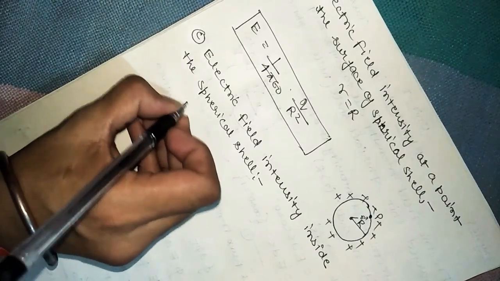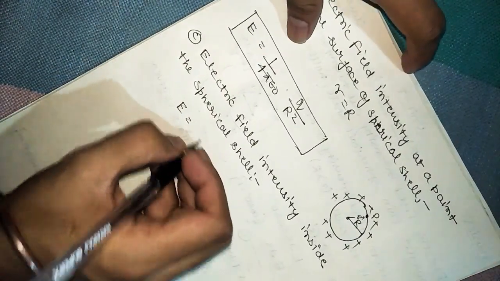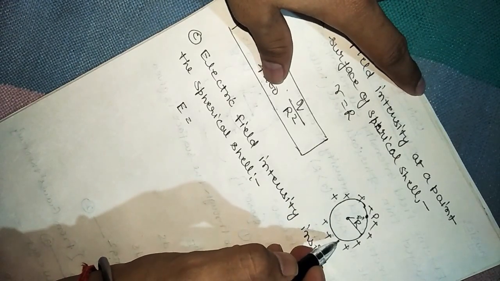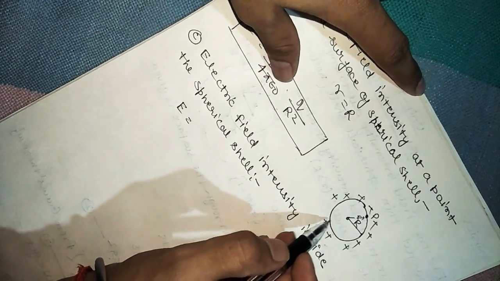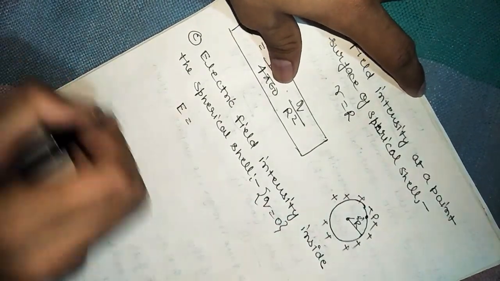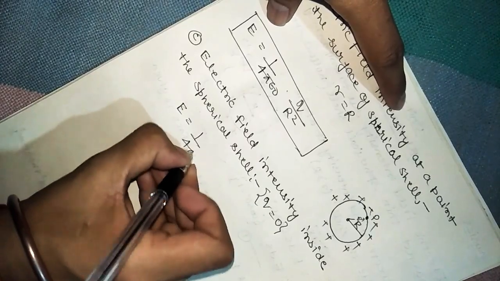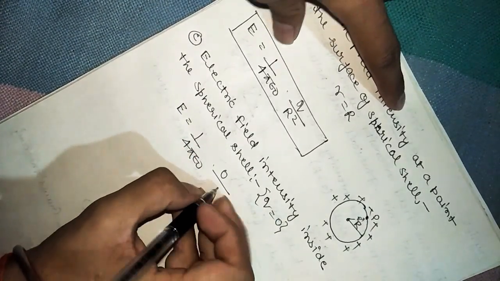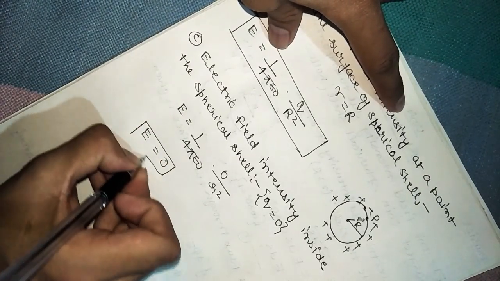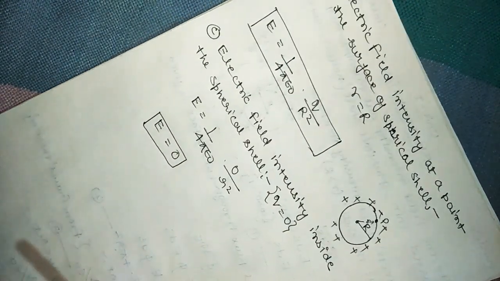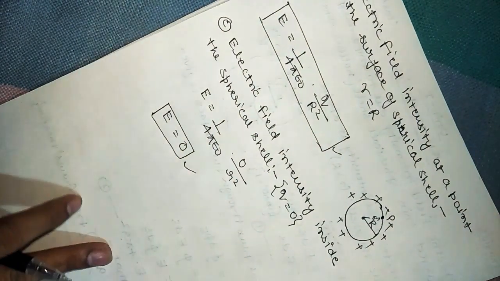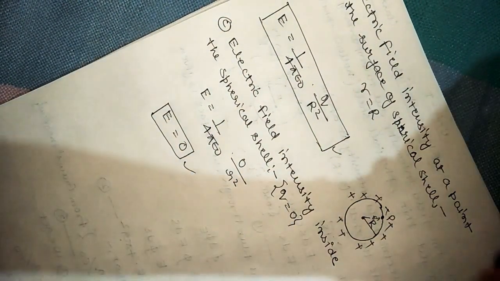We know that charges are only distributed over the surface of the sphere; charges do not come inside a hollow sphere. So the value of Q inside it is 0. That is why 1 upon 4 pi epsilon naught Q by R square gives E equal to 0. So inside a hollow sphere or a spherical shell, the electric field intensity is always 0. This is your result.